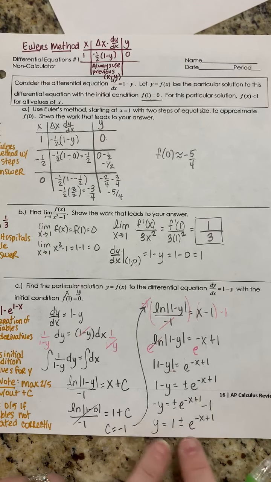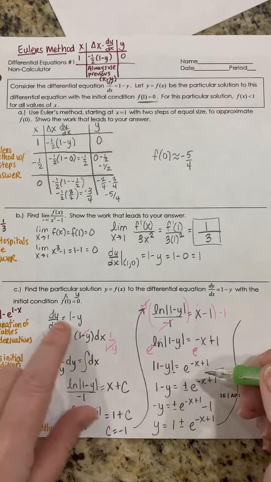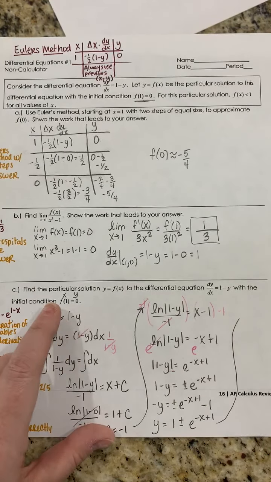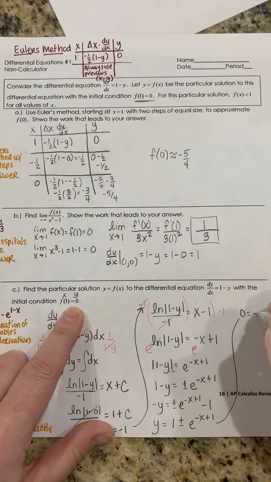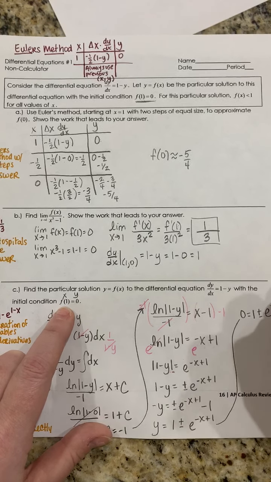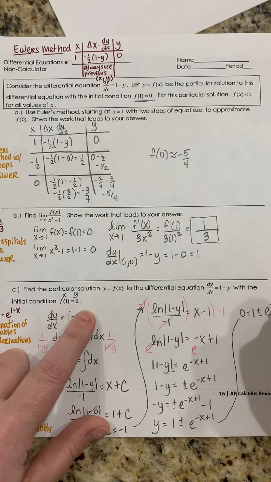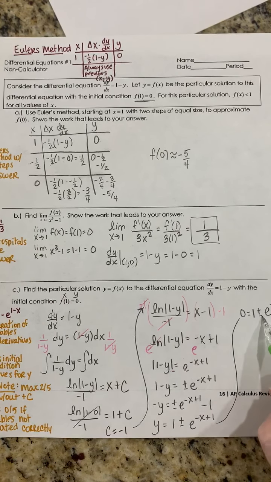So what you have to do is go back to your initial condition. This is x, this is y. So to get 0 is equal to 1 plus or minus e to the negative 1 plus 1. So for this to be true, it has to be the negative.